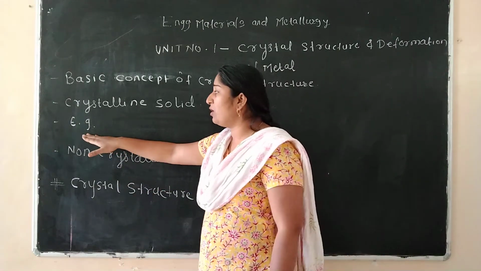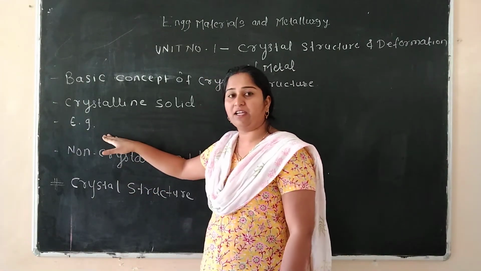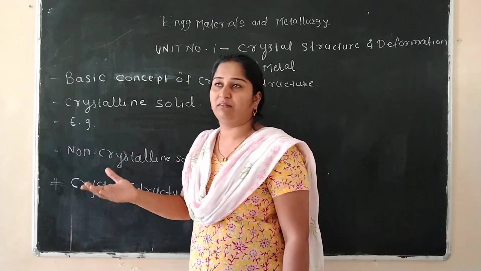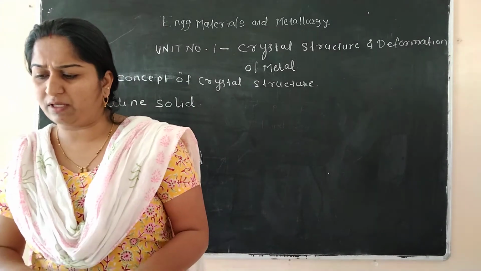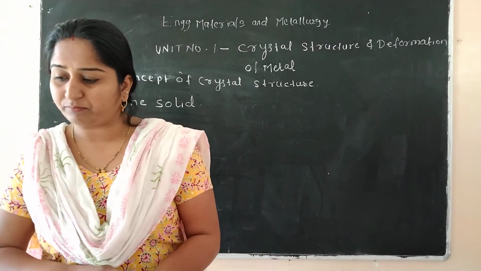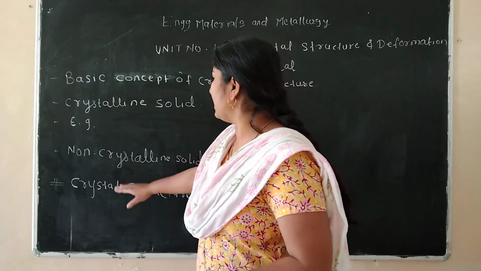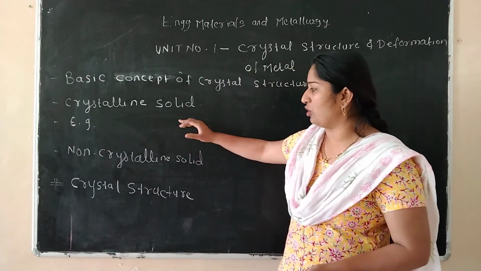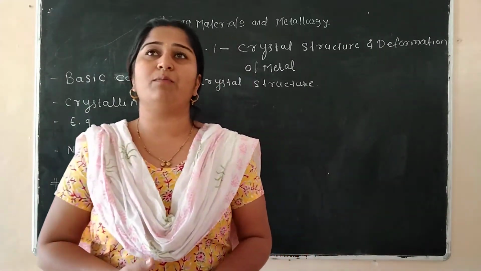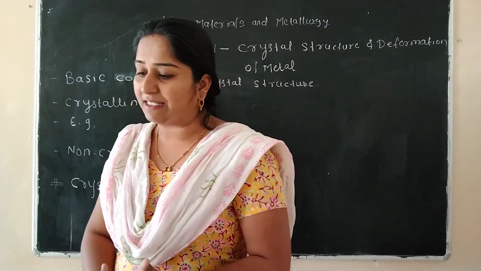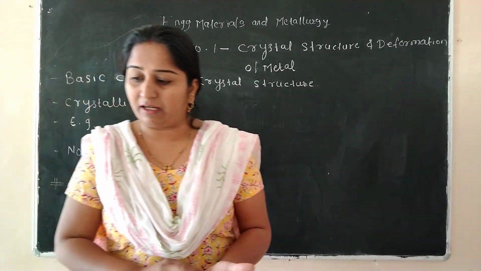Now, examples of crystalline solids are iron, aluminium, copper, and some non-metals also. These are called crystalline solids. And for non-crystalline solids, I will give the examples of paper, plastic and glass.